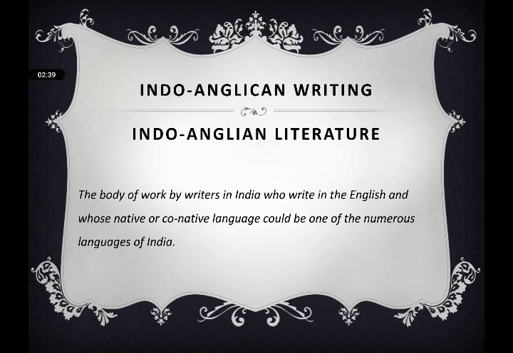Now, Indo-Anglian is a term specifically used for Indian English writers. So, conclusively, the writers who take India as their theme but write in the English language are Indo-Anglian literature.